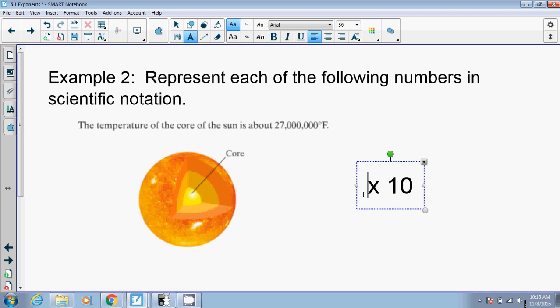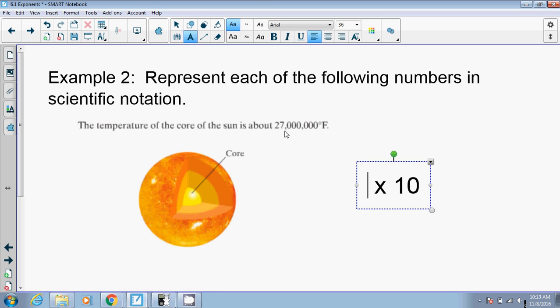So let's determine the value before the times 10. We want a number that's represented in my given number between 1 and 10, but again, not including 10. So I have a 2 and a 7. If I put 27, that value is not between 1 and 10, so that wouldn't work.